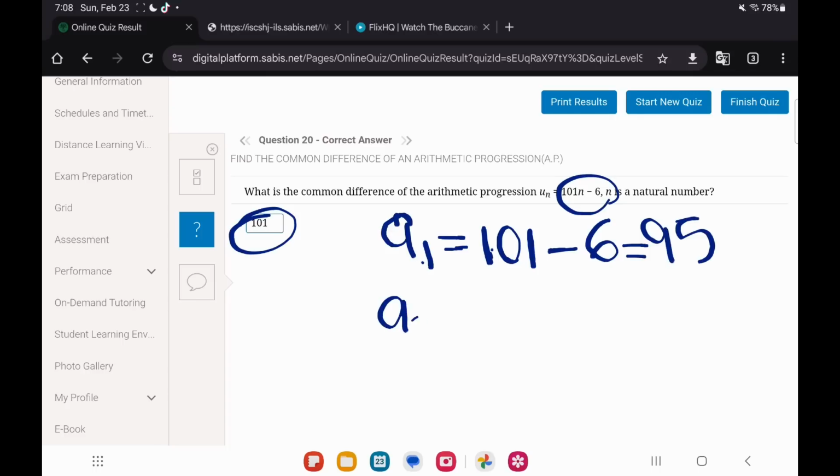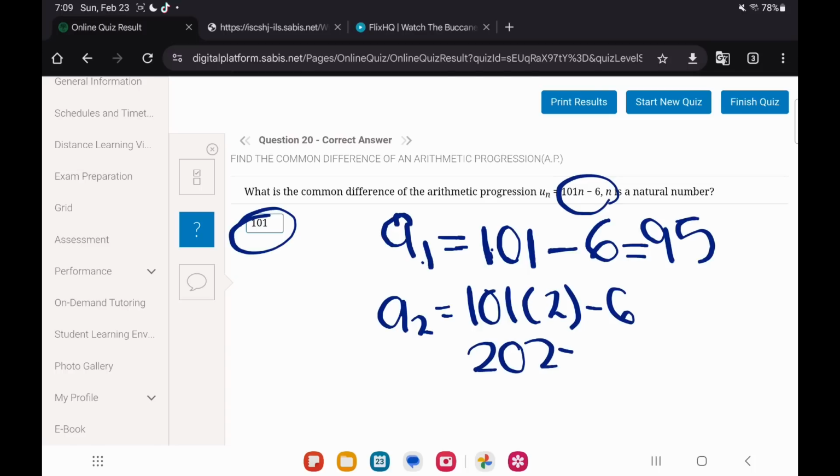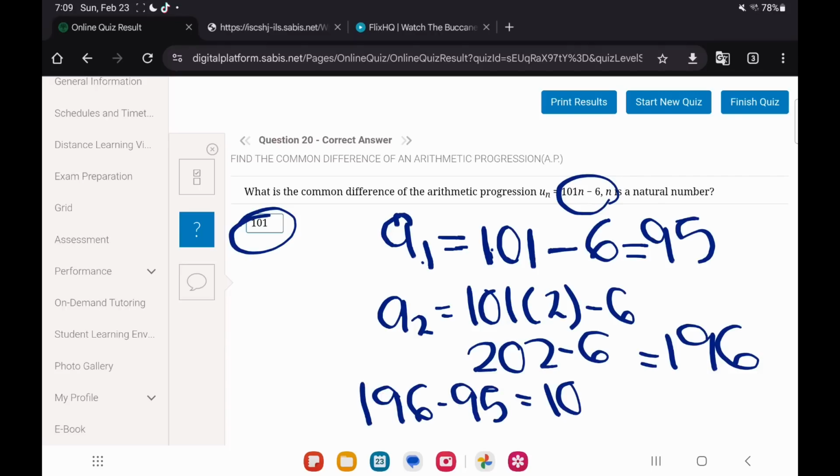Then A2 equals 101 times 2 minus 6. 101 times 2 is 202. So 202 minus 6 is 196. So to find the common difference, we do 196 minus 95 equals 101.